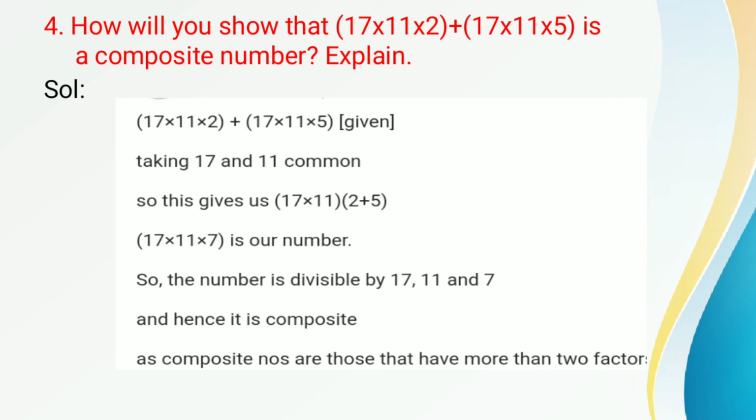Taking 17 and 11 as common in both terms, we get 17 into 11 into, 2 plus 5. So we can write it as 17 into 11 into 7 is our number. So the number is divisible by 17, 11 and 7, and hence it is composite, as composite numbers are those that have more than 2 factors.